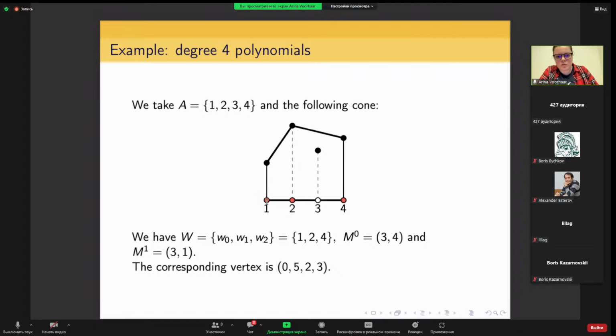The subdivision will be 1, 2, 4, because these are going to be the vertices of the subdivision when we project. And then we also have to record the sequences: for each of these two intervals, I trace parallel lines and see how I encounter the rest of the points. So for this interval, I first encounter point 3, then point 4.